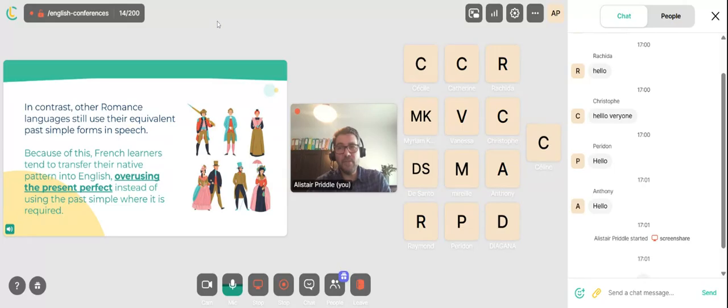In contrast, other Romance languages still use their equivalent past simple forms in speech. Because of this, French learners tend to transfer their native pattern into English, overusing the present perfect instead of using the past simple where it is required.